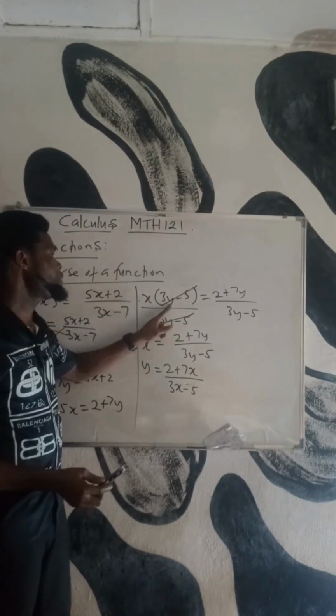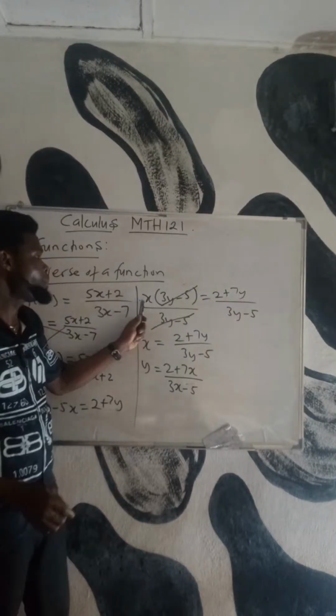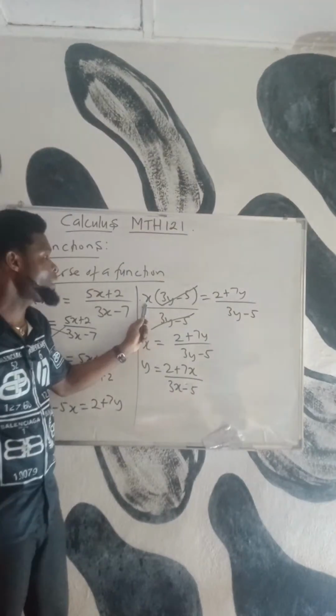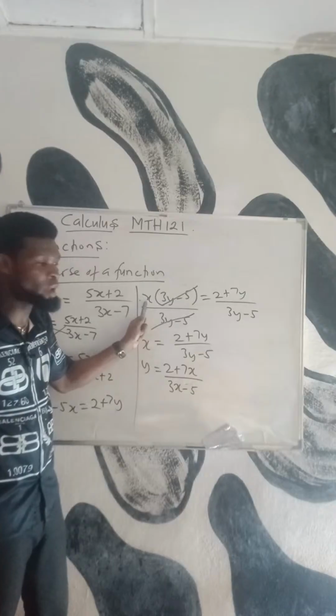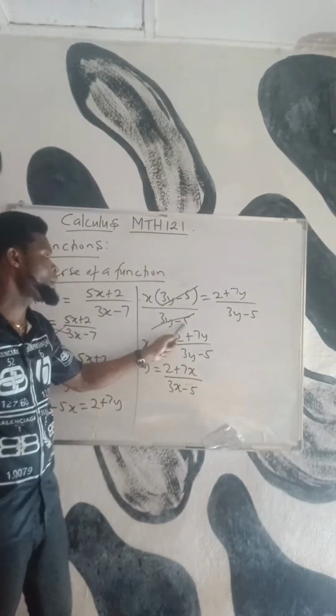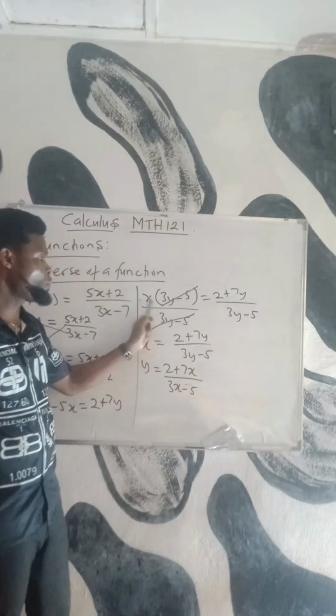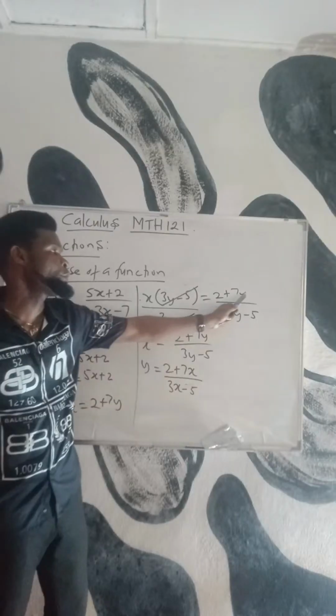I'm looking for x, standing with x, which is minus, then plus.